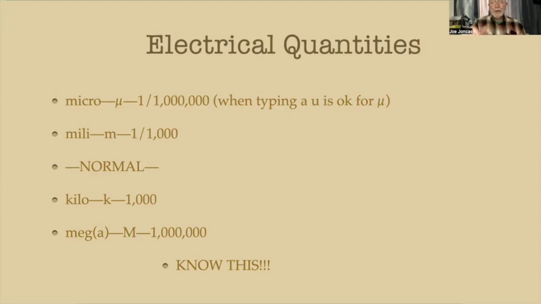And then there's normal: volts, amps, and current. And then there's kilo, which is K. That's the abbreviation, and that's 1,000. But if you hear somebody say kilo ohms or 100K, that means 100,000.